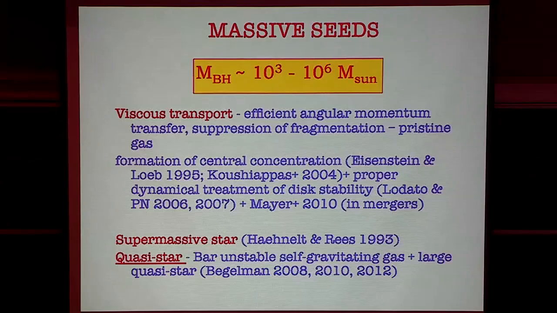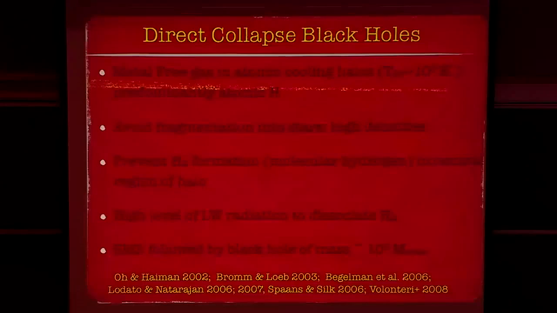So the stage after assembling that gas blob, most likely that gas blob goes through a supermassive star or a quasi-star phase. And so the direct collapse models, the early models, focused on having pristine gas. And that was easy because you had only atomic hydrogen as your coolant, and you even suppressed molecular hydrogen cooling, and that's because you have the Lyman-Werner radiation.